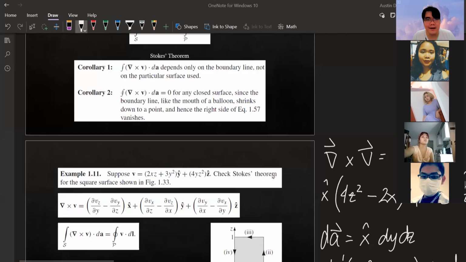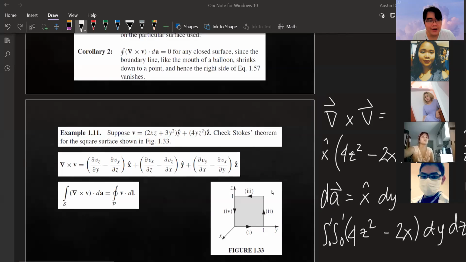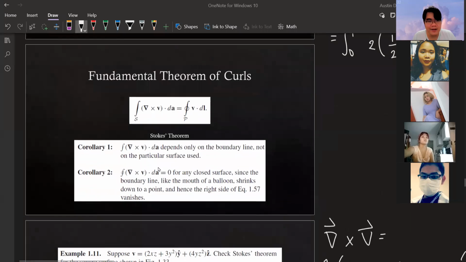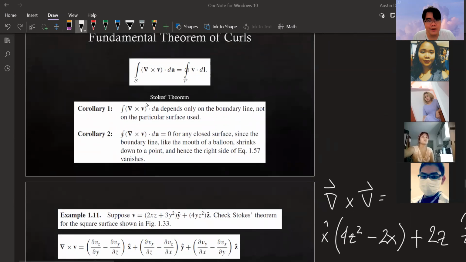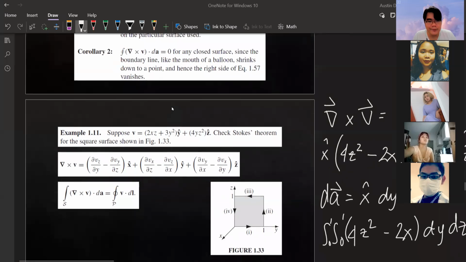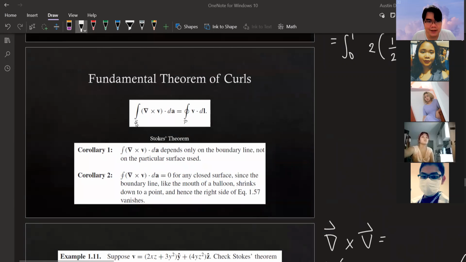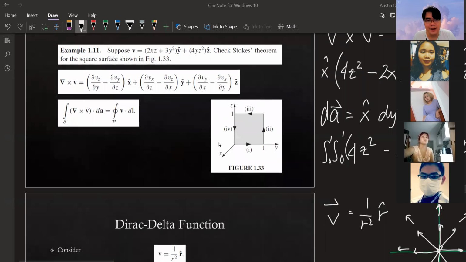Ganun yung mga surfaces natin. And ayun, sabi nga sa corollary natin na kapag yung napiling surface is closed, then this would mean that yung theorem, Stokes theorem mo will just zero out. Okay? Kaya in essence, hindi useful ang Stokes theorem sa mga closed surface. Okay? Nasagot ko ba yung tanong niya.